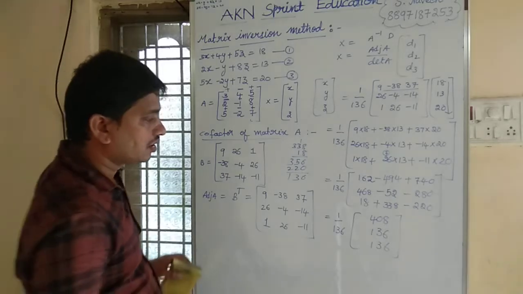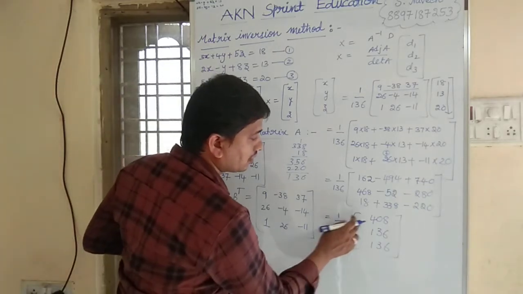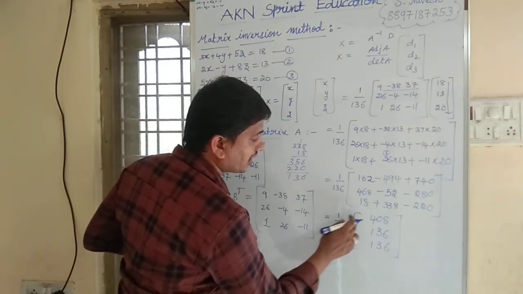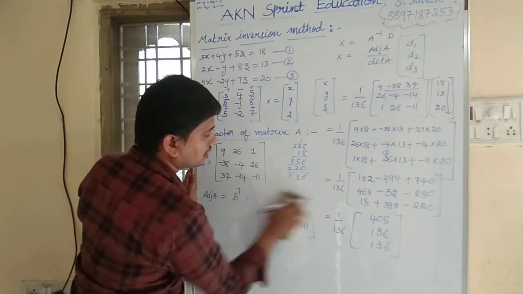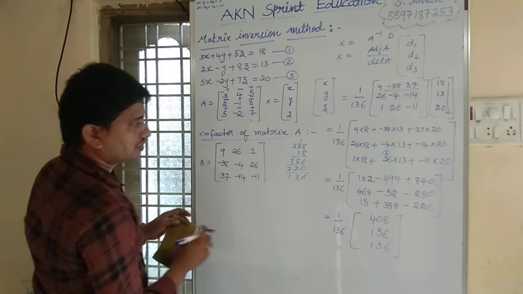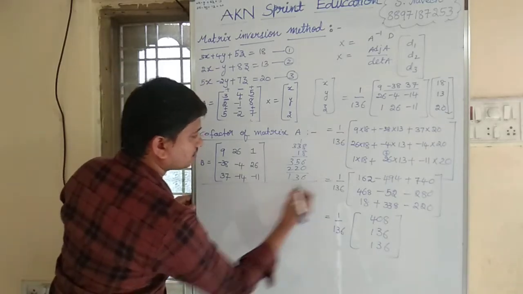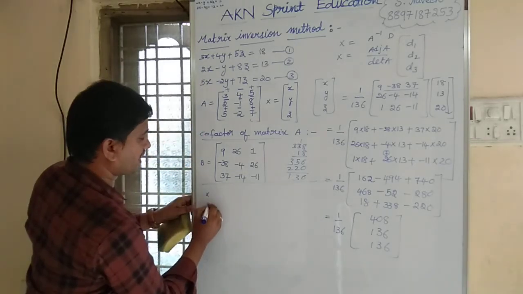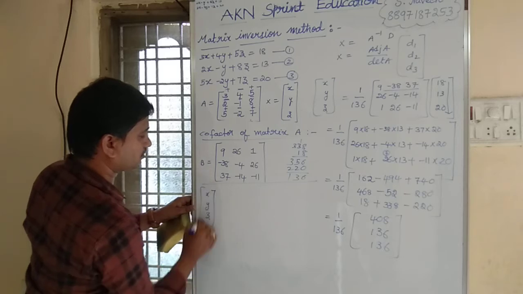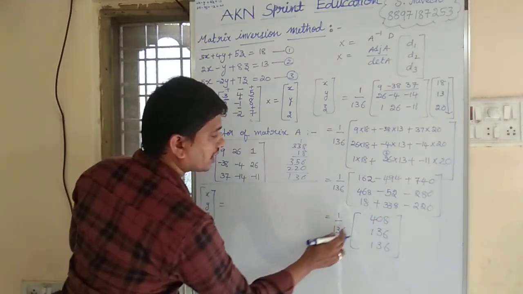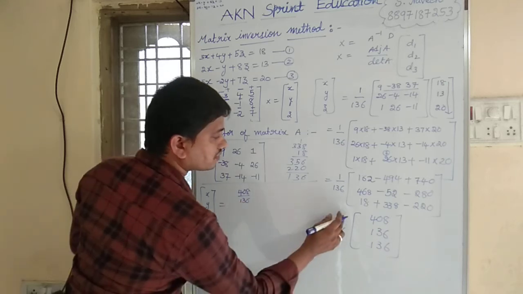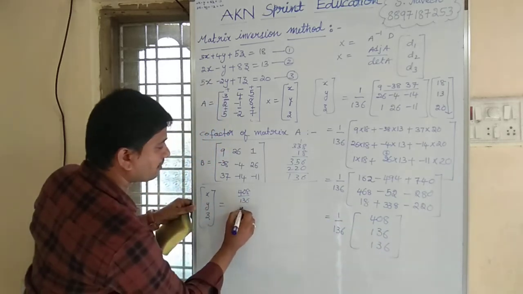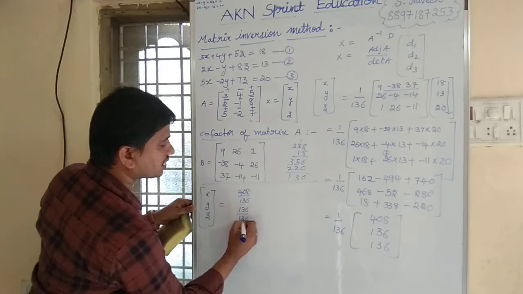Now what to do, children? Multiplication, I mean 408 by 136. Let me write here. So that is x, y, z is equal to 408 by 136, and the second one is 1 by 136 into 136, I mean 136 by 136.